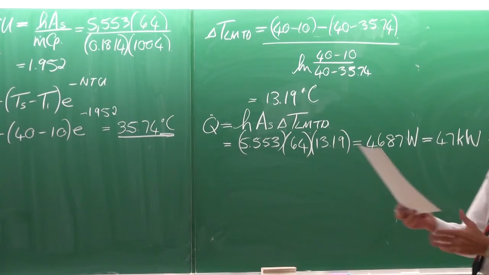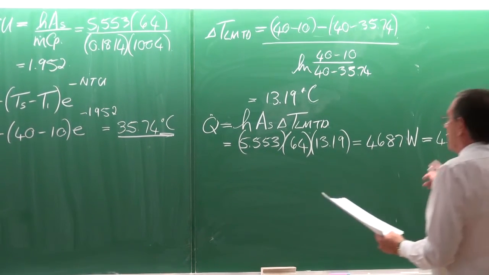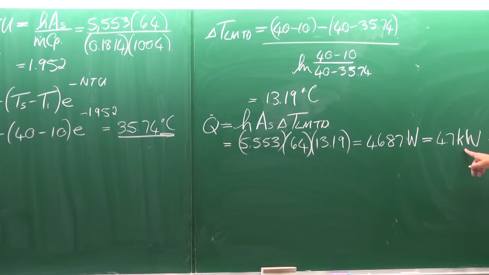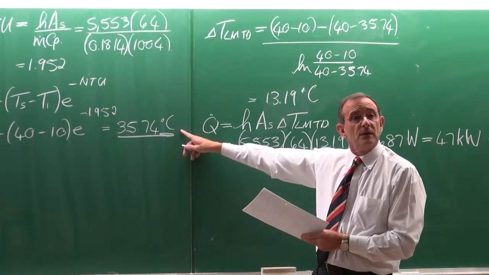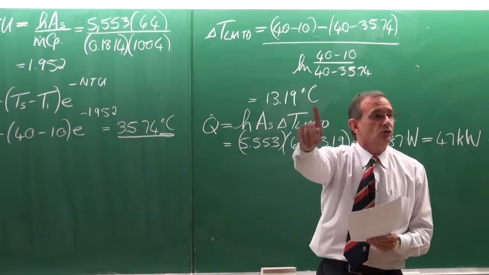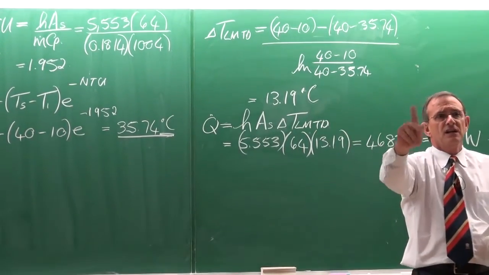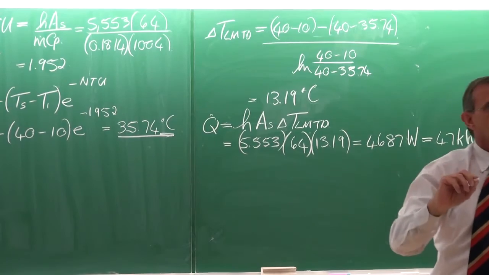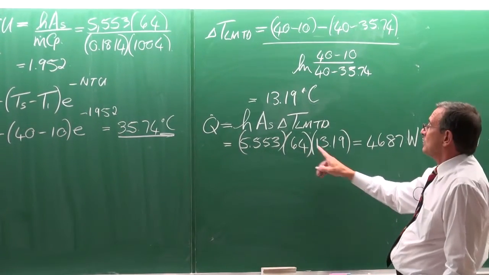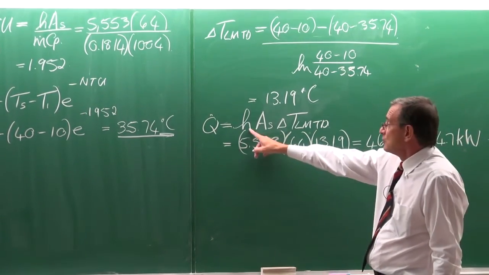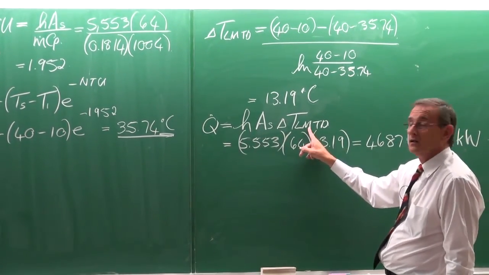Right. Now, we've calculated the heat transfer rate, we've calculated the outlet temperature. However, take a note, it's very easy to make mistakes in calculations. We've calculated the heat transfer rate with this equation, getting the heat transfer coefficient and the LMTD.